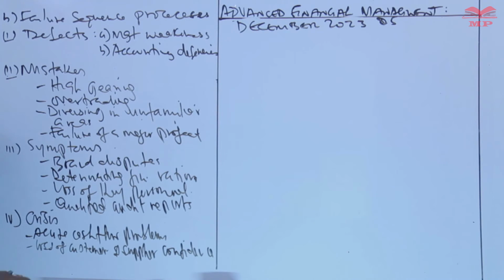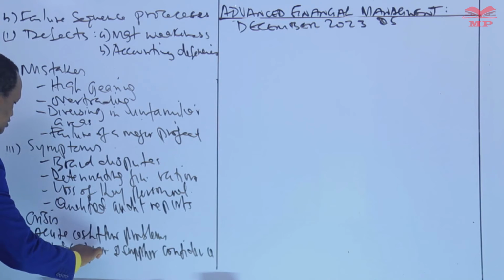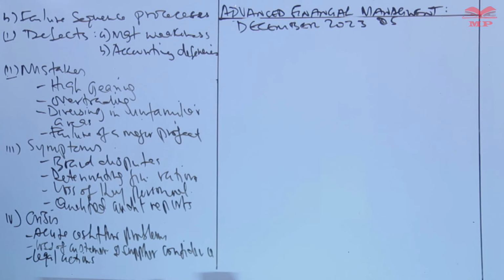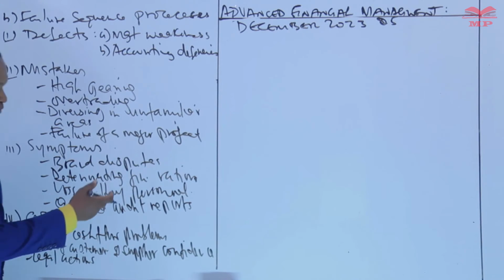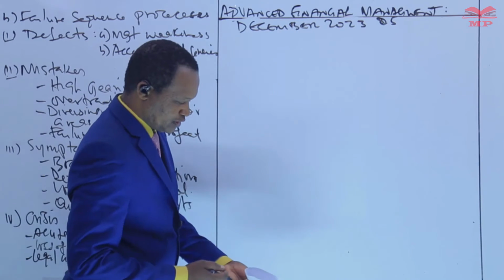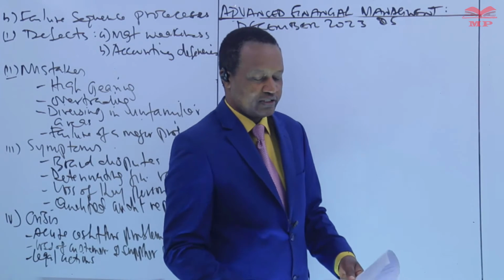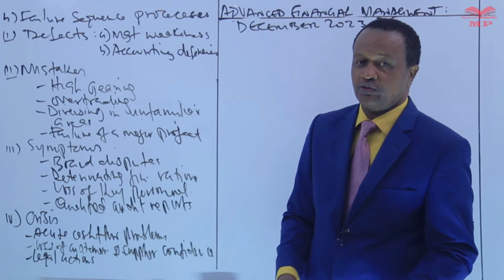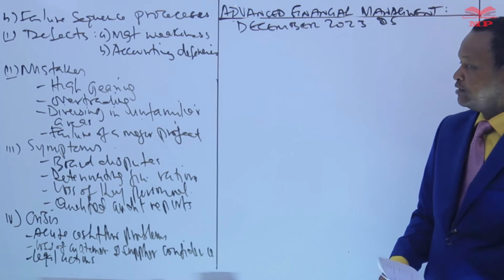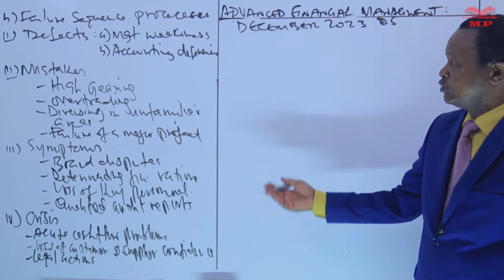The crisis may also be characterized by legal actions. Creditors, because they have not been paid, employees have not been paid, you hear they rush to court, all right, so that they can pursue their dues.